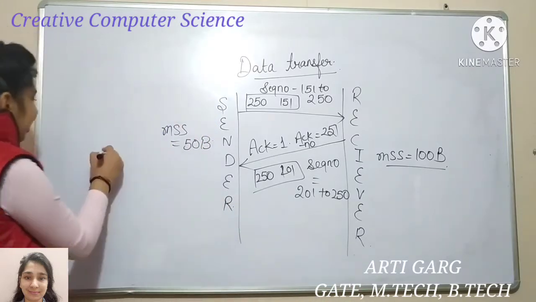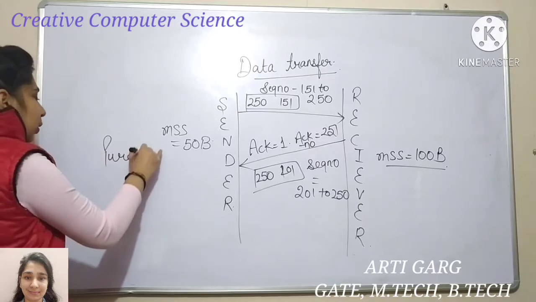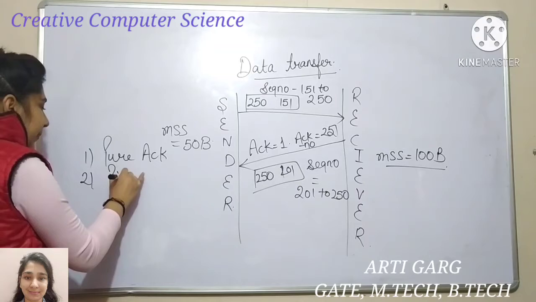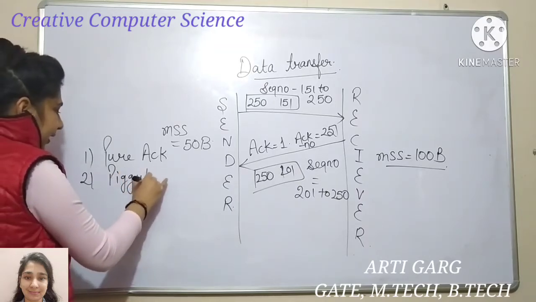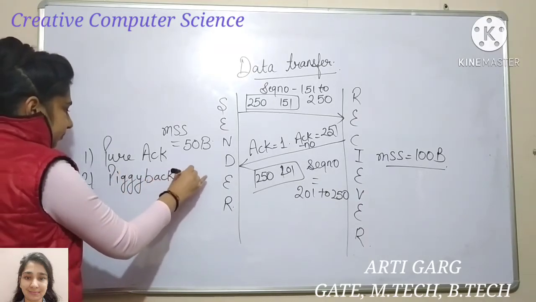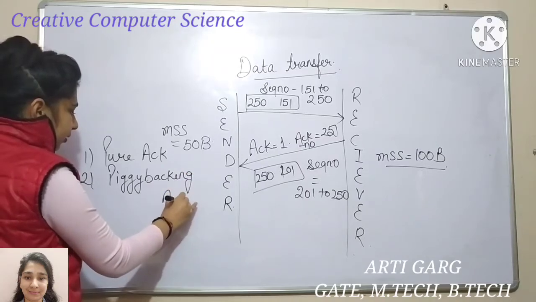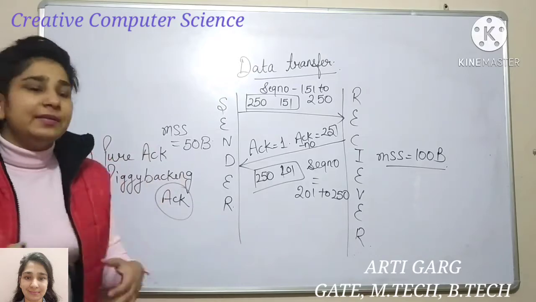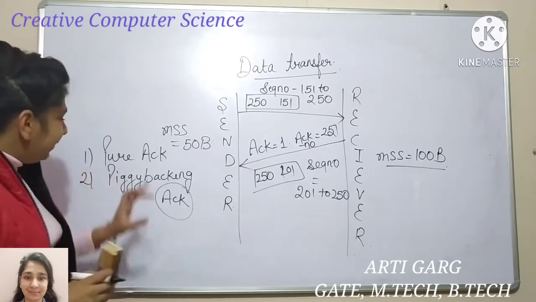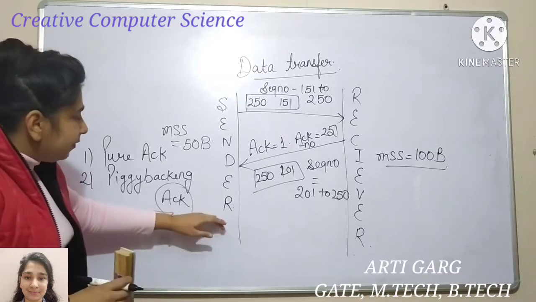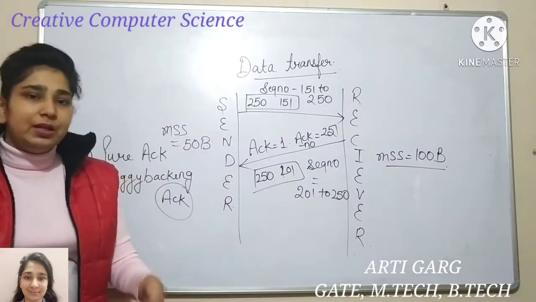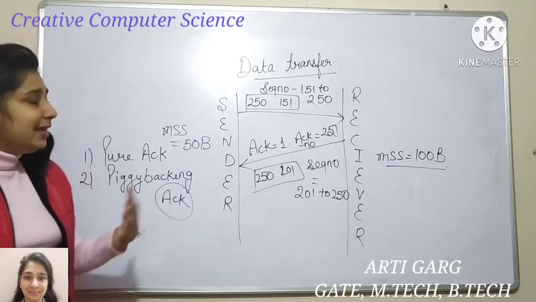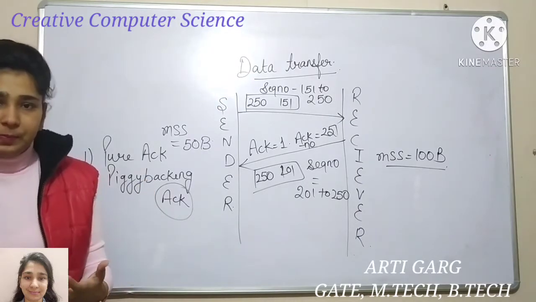So we have basically two types of acknowledgement. One is pure acknowledgement, and the second is piggybacking acknowledgement. Pure acknowledgement means you are just sending the TCP header. If the sender is sending some data to the receiver, the receiver is just assuring the sender that it has received the data.